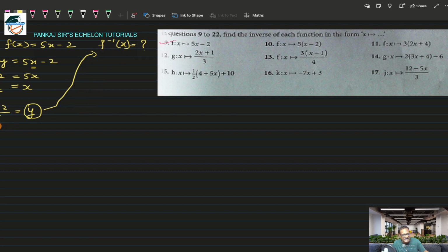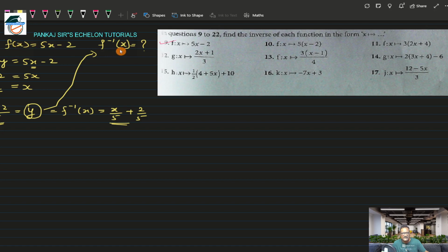So you can say that f inverse x is equal to 5x plus 2 upon 5. If you want to simplify this, you can split it and write it as x upon 5 plus 2 upon 5. This way also you can write. So that's the answer for the first question, question number 9.